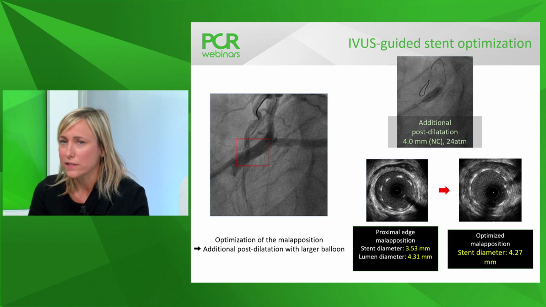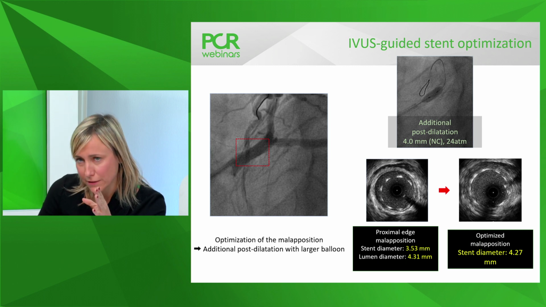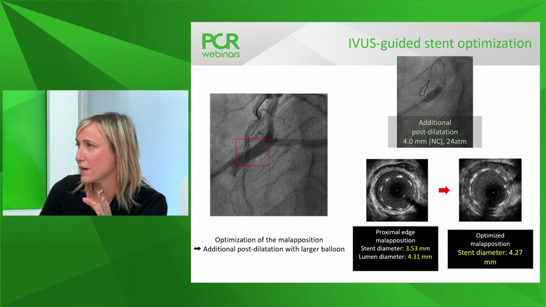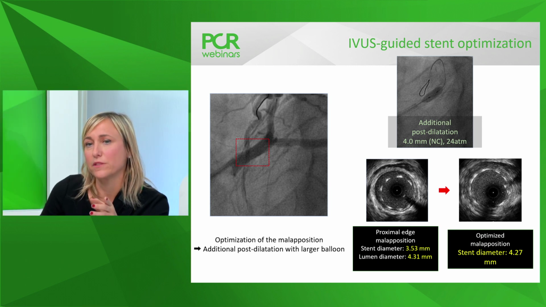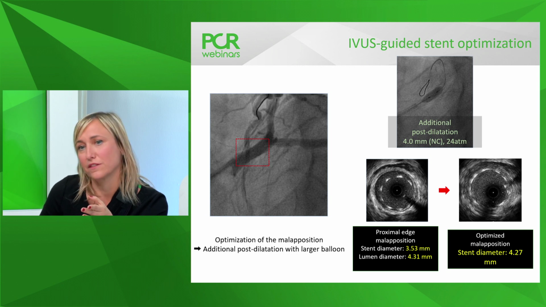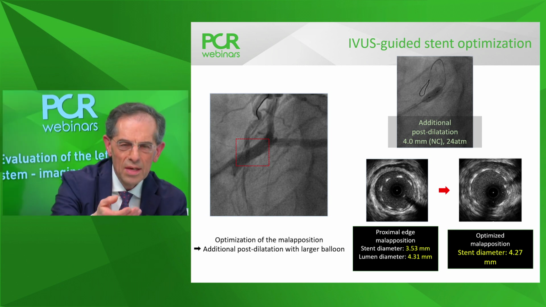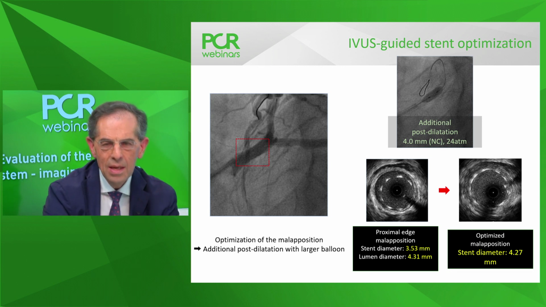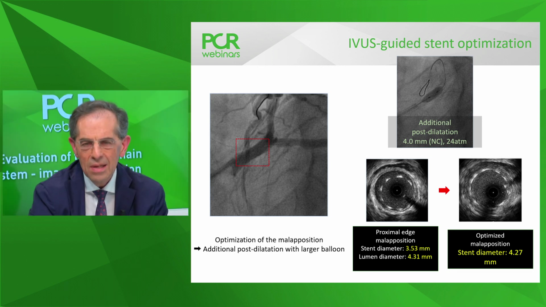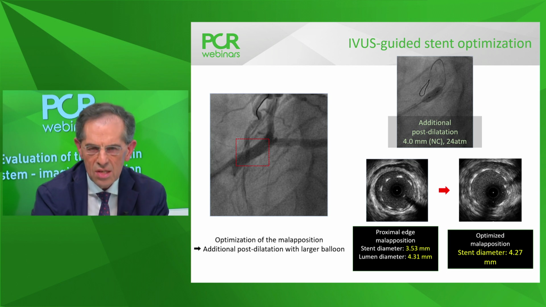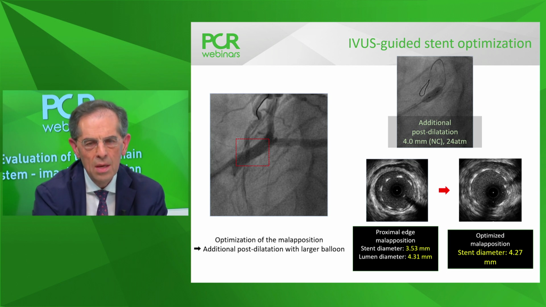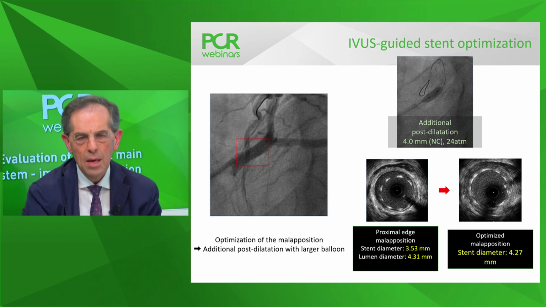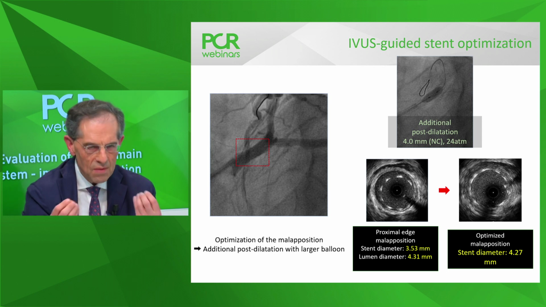And you can see, and maybe Giulio, you can comment, the image before the post-dilatation with the proper size and the proximal optimization, and then the result after the proximal optimization. We must convince everybody that you don't need to be an expert to see a huge malapposition, and to see it fixed with one single action: taking a large, high-pressure, non-compliant balloon. It's very simple.